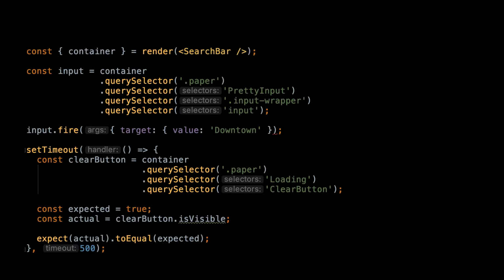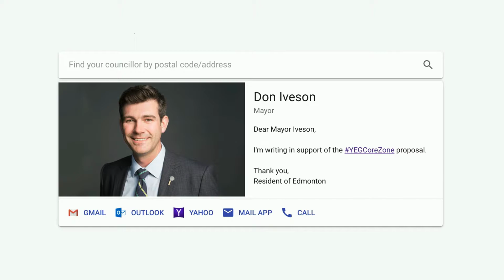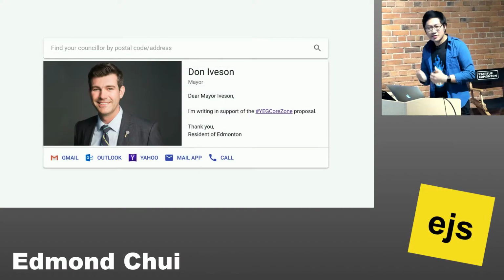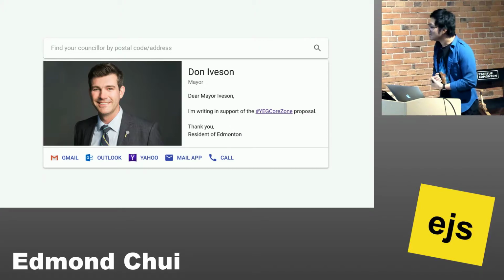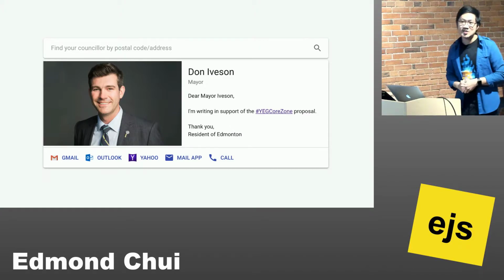So don't actually take any picture of this. And all of that just to test this one state in a search bar. And we have a bunch of other things that we haven't even touched on. And these are the friction, challenges and roadblocks that people usually see when writing unit tests.